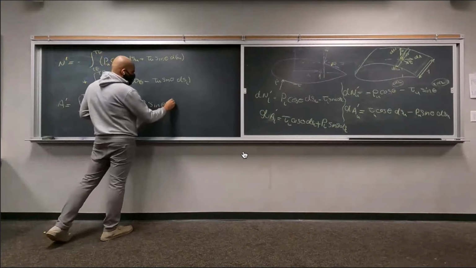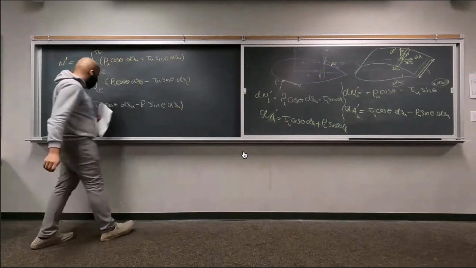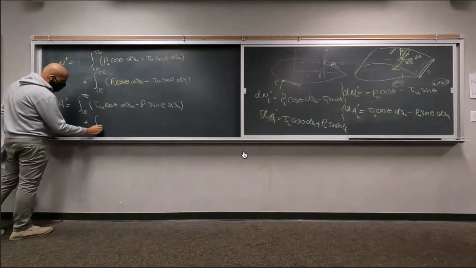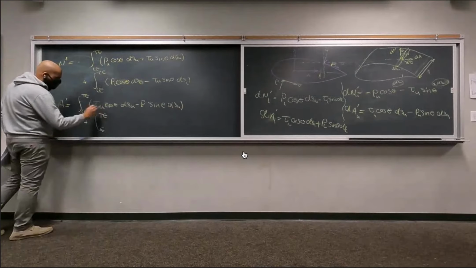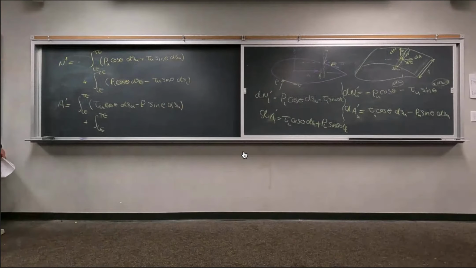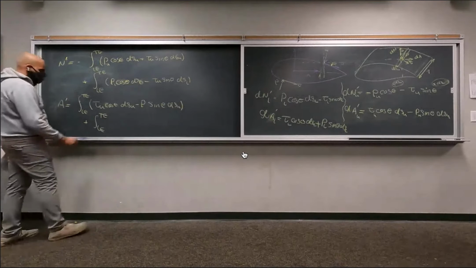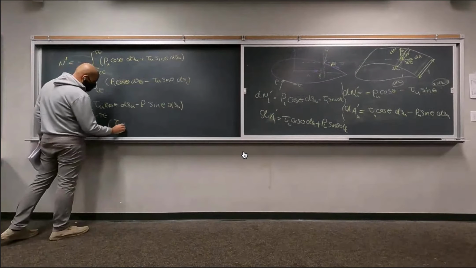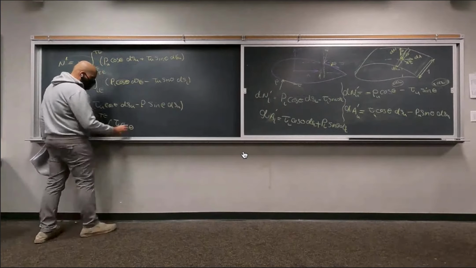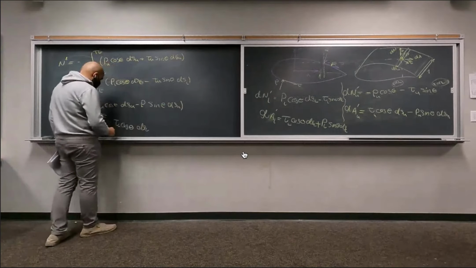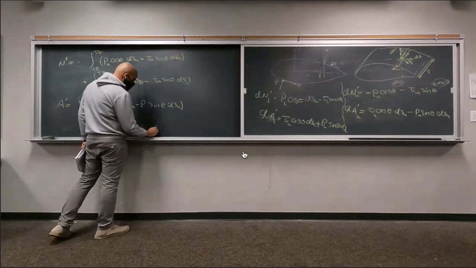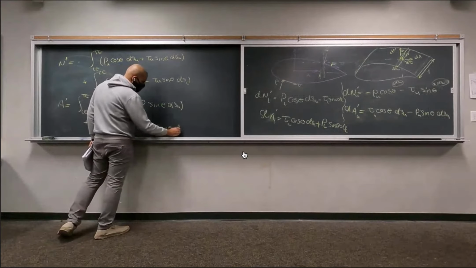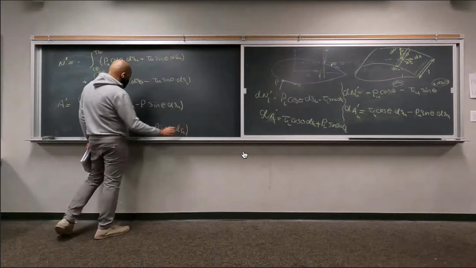Sine of theta dSU, plus the integral of leading edge to trailing edge, tau L cosine of theta dSL plus P sine of theta dSL.